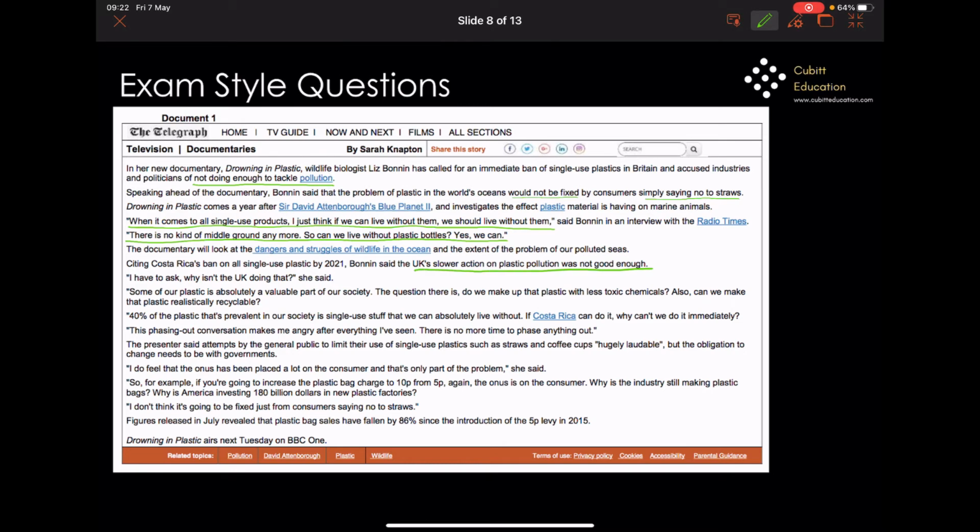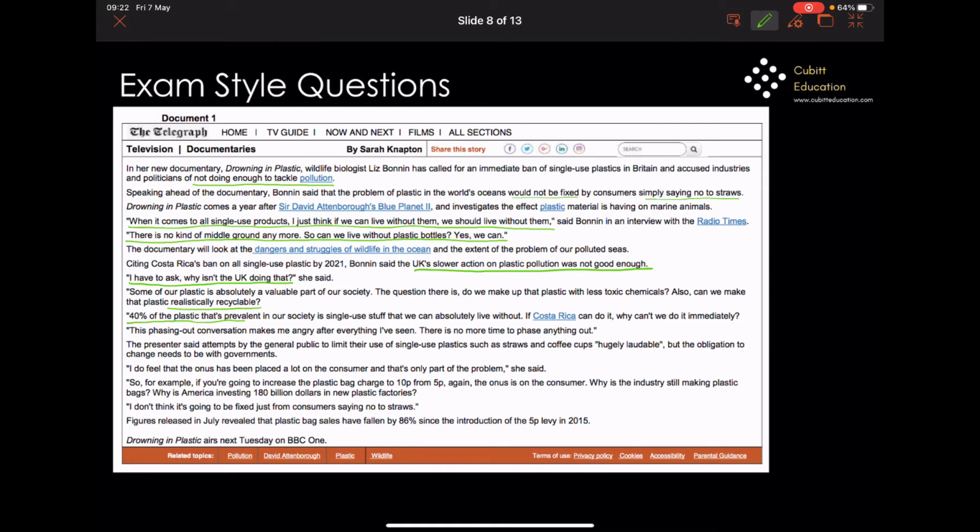I have to ask, why isn't the UK doing that? She said. Why isn't the UK going plastic free? Some of our plastic is absolutely a valuable part of our society. The question there is, do we make up that plastic with less toxic chemicals? Also, can we make that plastic realistically recyclable?